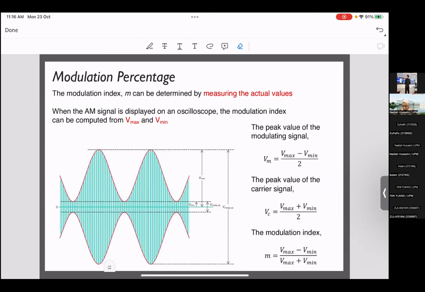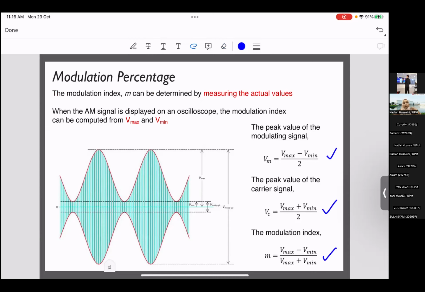And then we have equations that help us look at the oscilloscope and we can tell what the M is from these equations. So you have the Vmax and the Vmin, and then you can find out what is Vm, you can find out what is Vc, and you can also find out what is M based on what you see on the oscilloscope.